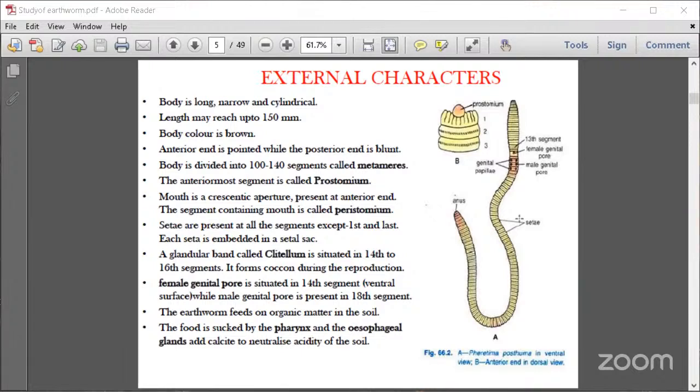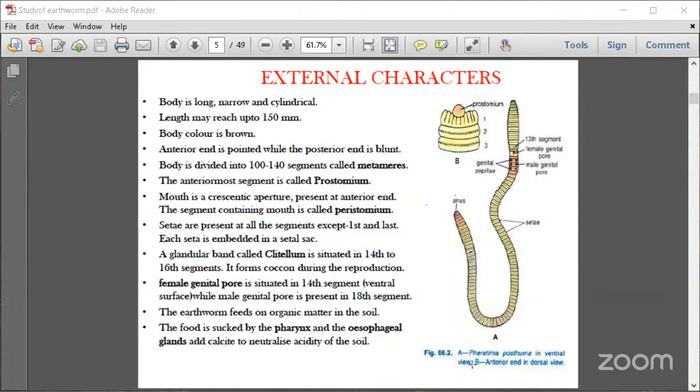The anterior and posterior ends are distinguished after the granular tissue becomes the clitellum. That clitellum is present in mature earthworms and distinguishes the anterior and posterior sides.